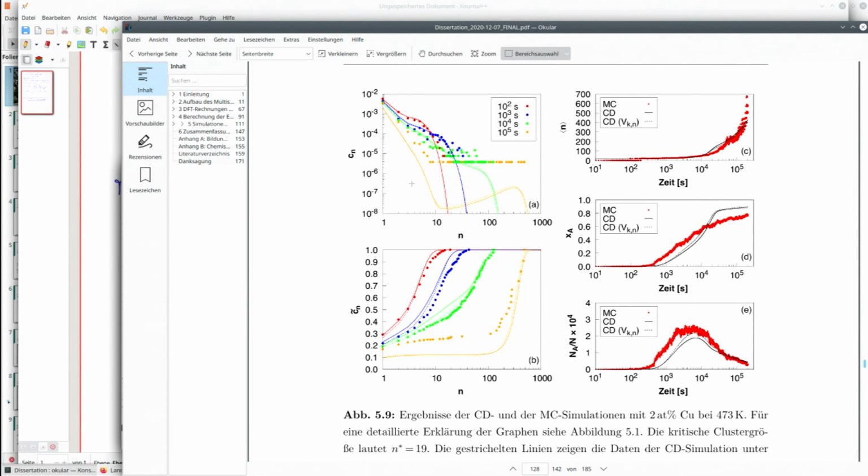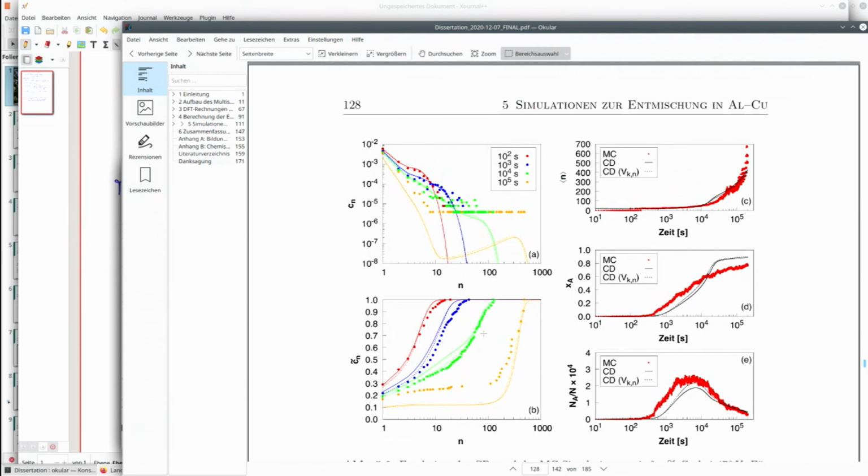And these graphs are these cumulated cluster size distributions. And you see that Monte Carlo also has a problem with very large clusters, because then the statistics gets very poor.